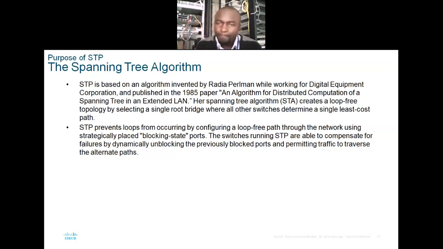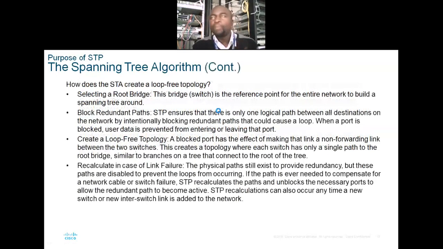The one in the blocking state means that frames will not be forwarded through that particular port. So the switches running STP are able to compensate for a failure by dynamically unblocking the previously blocked port and permitting traffic to traverse the alternate path. That is what helps the concept of redundancy actually work.